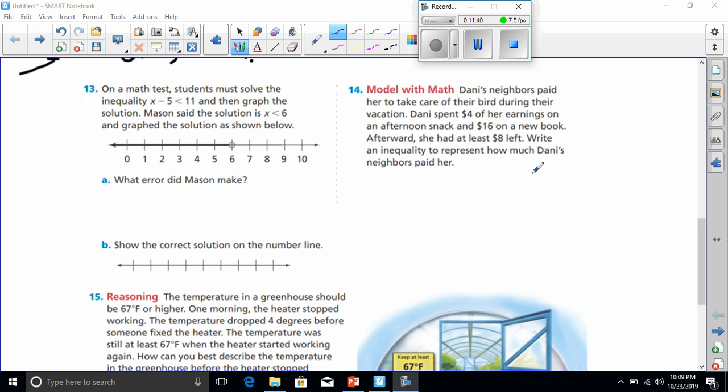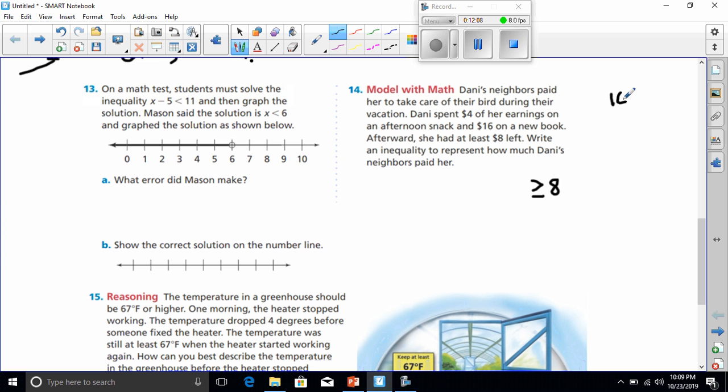At least. Okay. If she had $8 at the end, they say at least, that means she could have had more. She could have had just 8. So we're going to say that whatever she had, it was more than or equal to $8. Now, we don't know how much they gave her, but we do know that she spent $16 and $4.